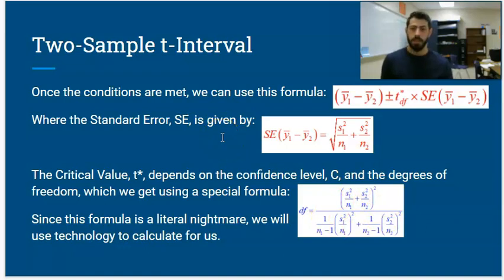I'll pause for a moment for any of you that really want to write it down for some reason. In this video, I'm not going to go over the actual calculations for a two-sample t-interval. I'll post that video next in the playlist, so you can watch that when you get a chance to.